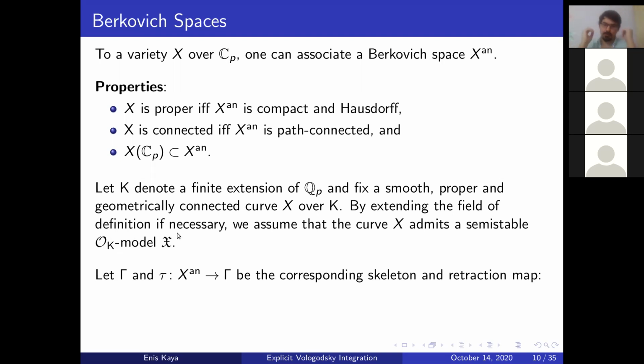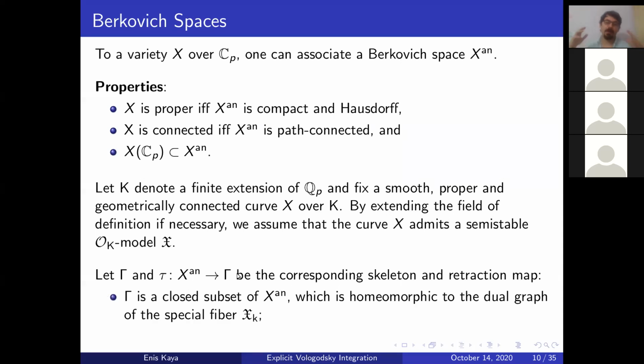And there are two important objects that we can attach to this curve. One is Gamma. This is the skeleton. I'm going to explain what it is. And the other is a certain map, tau, from the Berkovich space to the skeleton. So what are these?